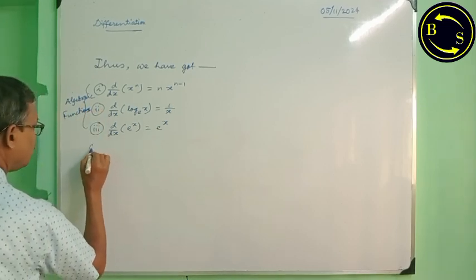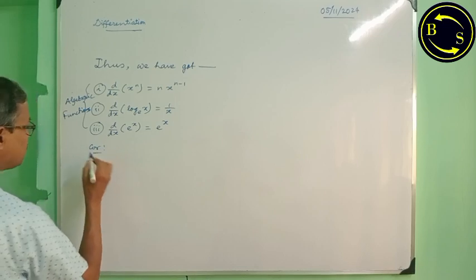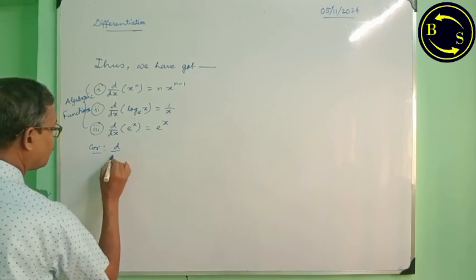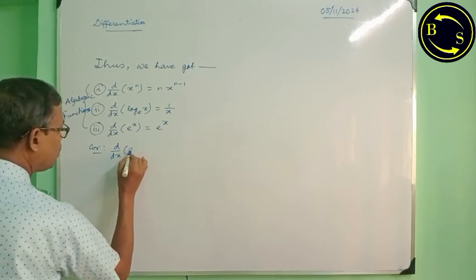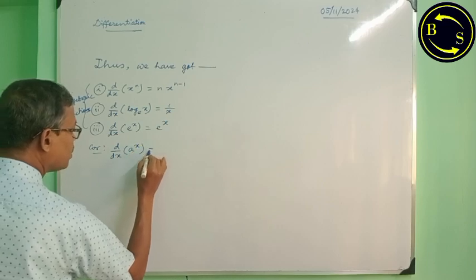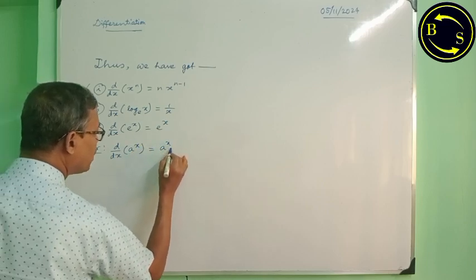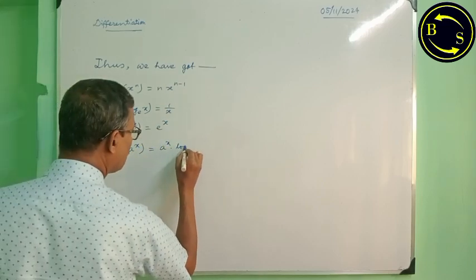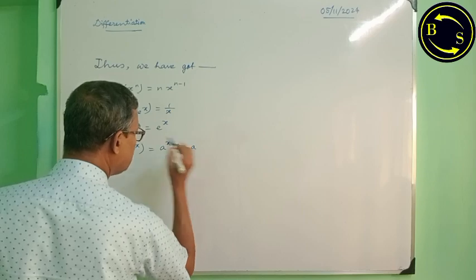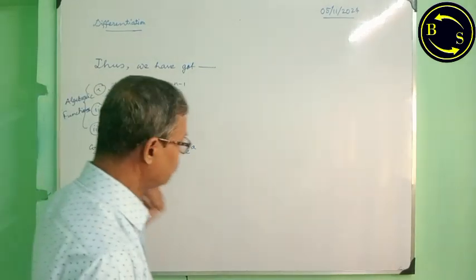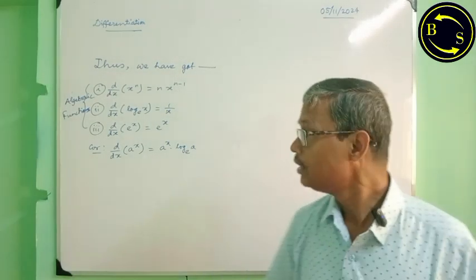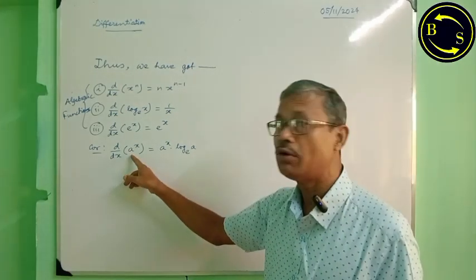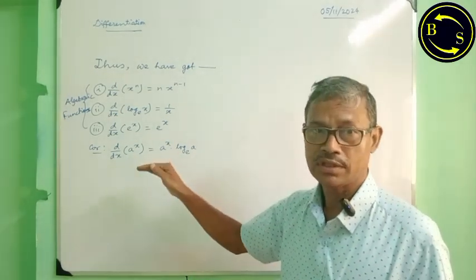Now I add here d/dx of a to the power x, that will be equal to a to the power x log of a to the base e. Now you can find out easily the derivative of a to the power x using the definition.